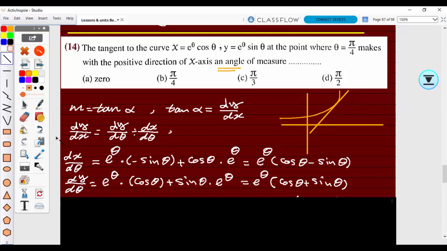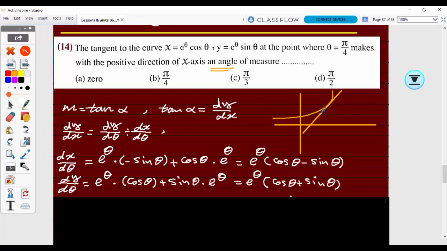The question is to find the measure of this angle. I'll use another symbol because we already have theta, so I'll use alpha to express the inclination angle of this straight line at the point of tangency.